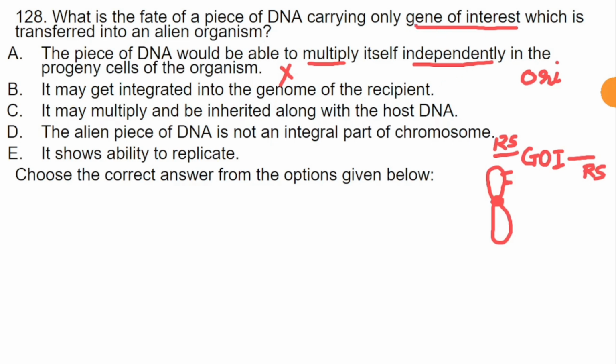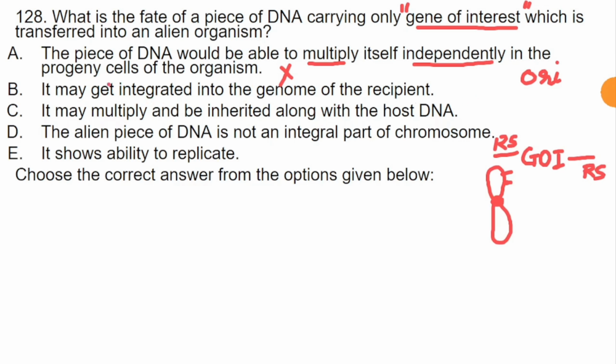It may get integrated into the genome of the recipient. Because this gene of interest is indicated as a piece of DNA, from there we can extrapolate that the gene of interest has restriction sites flanking the sequence. So because it has restriction site sequences, it will be able to integrate into the genome.